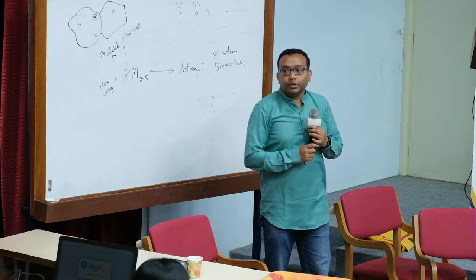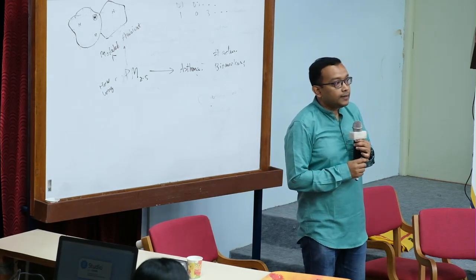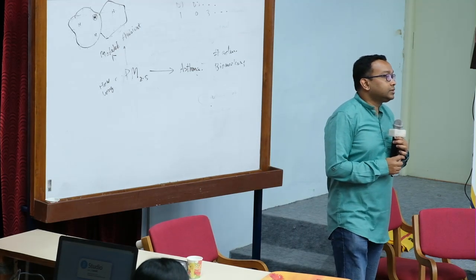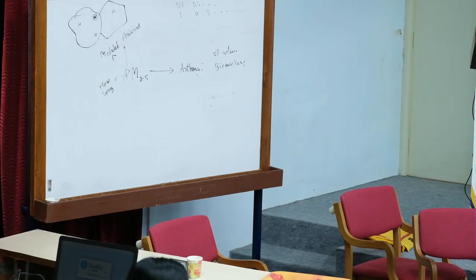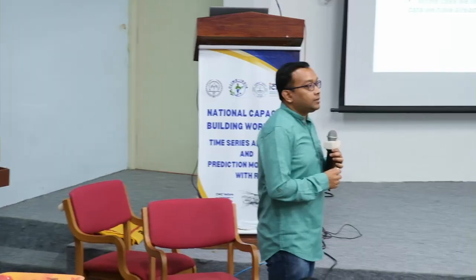So how long do we need? 7 days, 1 month, 1 year? What do you want to study? You have to answer the questions, right? Because I will not do the study.